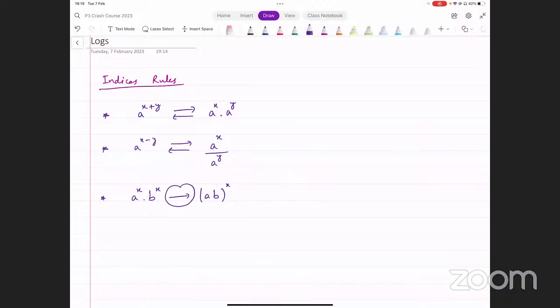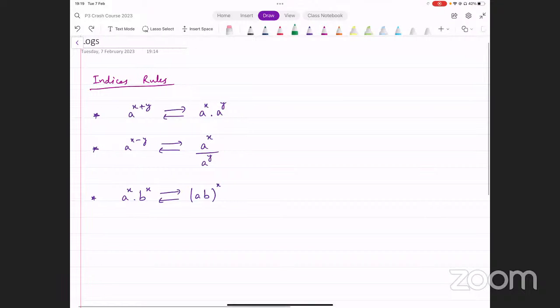If you have something in this form, ab whole raised to power x, you could write it the other way around so that it becomes a power x and b power x. You can split it like this. But remember, it doesn't work like this when you have addition. So if you have, for instance, a raised to power x plus b raised to power x, please remember this is not the same as a plus b whole raised to power x.